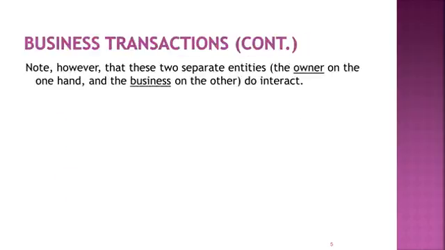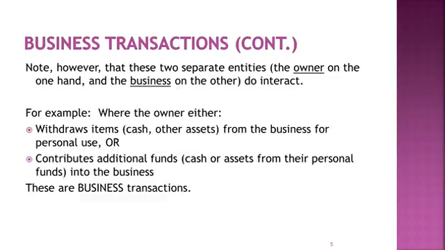Okay, so it's important to note, however, that these two separate entities, the owner of the business on one hand, and the business on the other, do interact. So there are transactions between the two, where the owner either withdraws cash or other assets from the business for personal use.